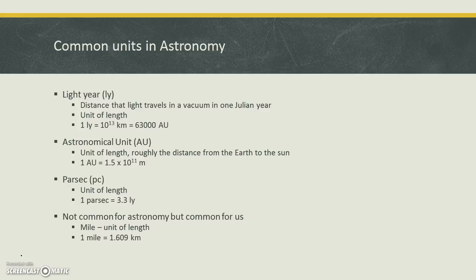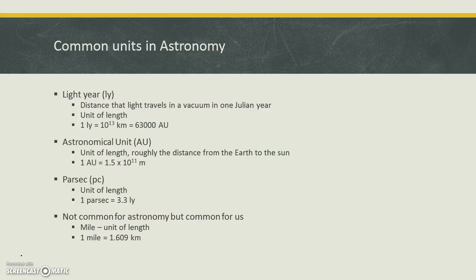So that's why it's roughly the distance from the Earth to the Sun. So it's the average distance. And we say that 1 astronomical unit is equal to 1.5 times 10 to the 11th meters. That's huge. That's a huge number. You should know that. And if you don't, I'll show you in class, because we're going to do a big thing on scale.